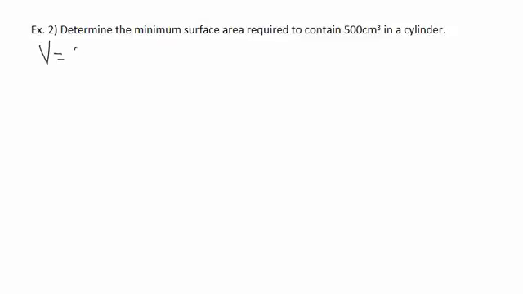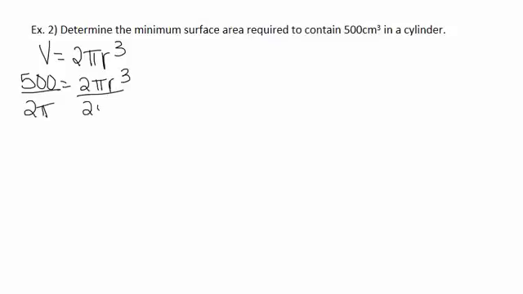We'll plug in 500 for volume and solve for r. So let's divide both sides by 2 pi, and these will cancel out, and we're left with 79.58 equals the radius cubed. Finally, let's take the cube root of both sides, and these will cancel out, and we're left with 4.30 centimeters for our radius.